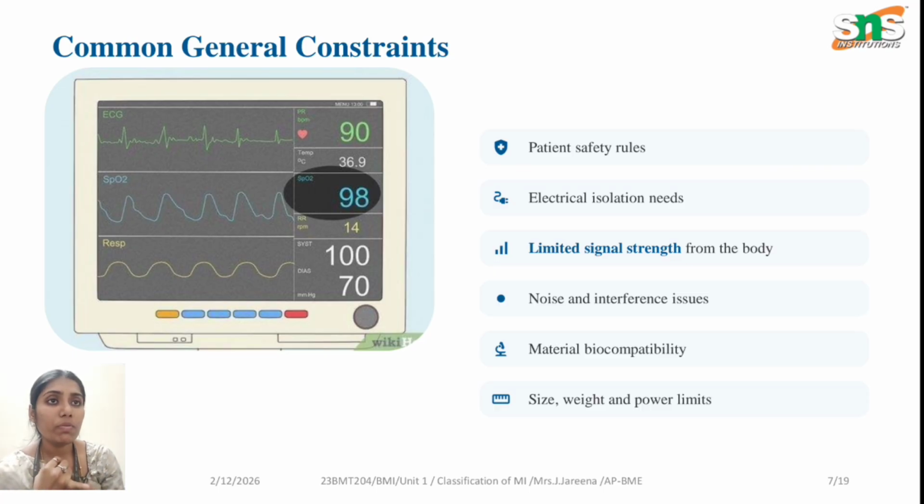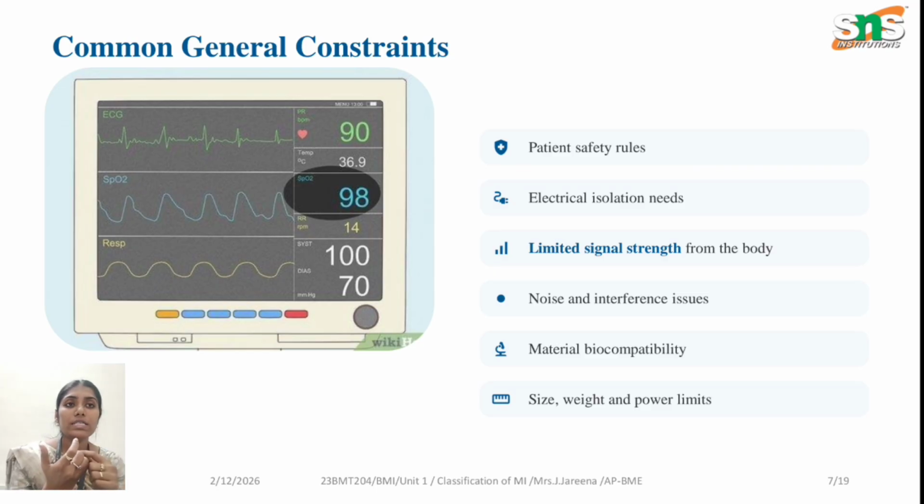First, we have to give the patient safety rules, that is, we have to be aligned, super aligned, with the patient safety rules. Second, we have to meet electrical isolation needs in order to avoid any leakage current, because even milliamperes can lead to cardiac shock.